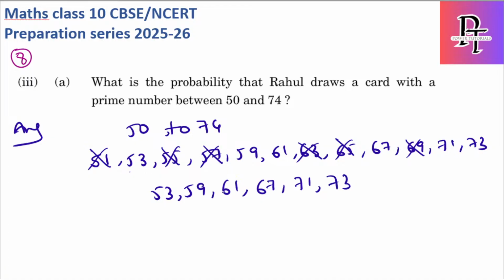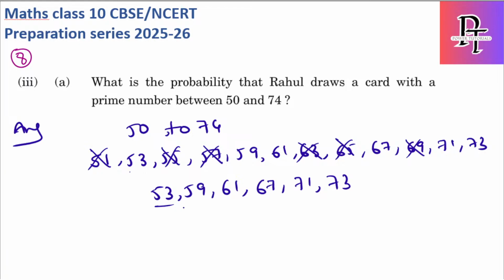Let's check whether those are divisible by any other number. Starting from 2, 3 will not happen, 4 will not happen, 5, 6, 7 will not happen, 8, 9, 10, 11 not done, 12, 13, 14, 15, 16, 17, no, it will not be divisible by any number.